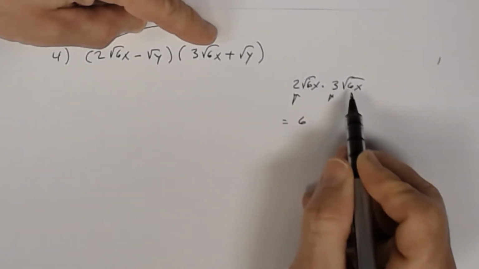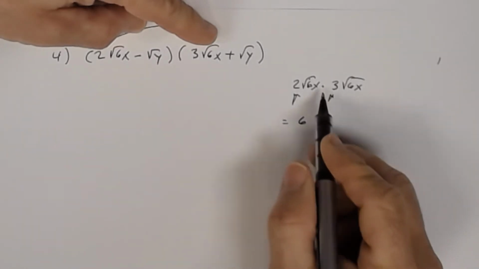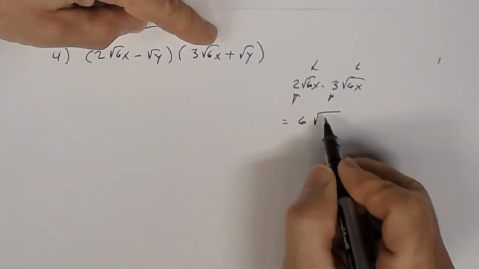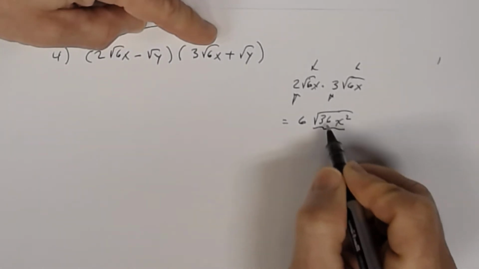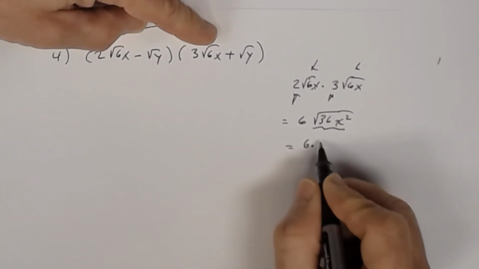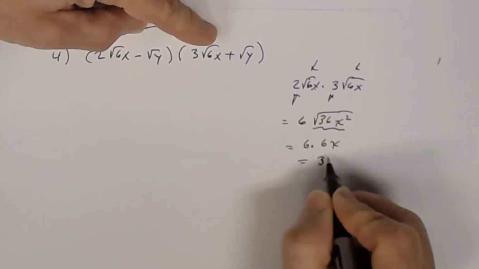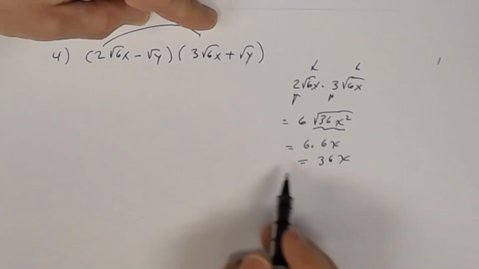The square root of 6x times the square root of 6x, most of you know that's just 6x. But if you didn't, you would say that's the square root of 6 times 6 is 36, x times x is x squared, and you can simplify the square root of 36x squared: the square root of 36 is 6, the square root of x squared is x. So this becomes 36x. That's your first, notice that's 36x.